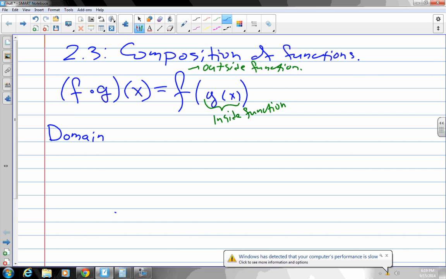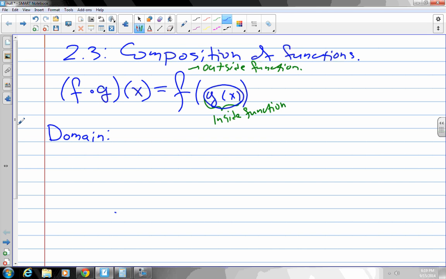But the domain, when you're taking the domain of the composition, will be, first of all, the x's that are in the domain of g. So you plug in x in g, so g produces a bunch of other values, right? So g turns x from the domain into range, and then f has to be defined on the range of g. Because it's a 2-layer thing. You would say you throw in a 5 in for x, so first you get g of 5, whatever that equals. And then you're trying to evaluate f at whatever g of 5 equals.